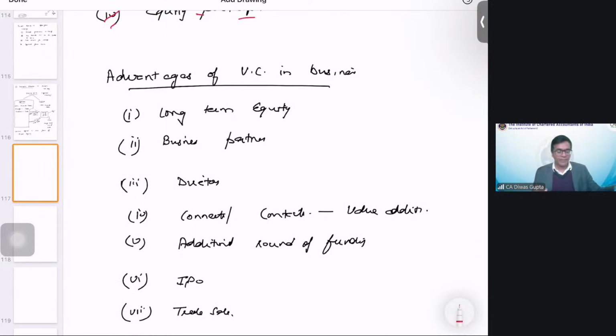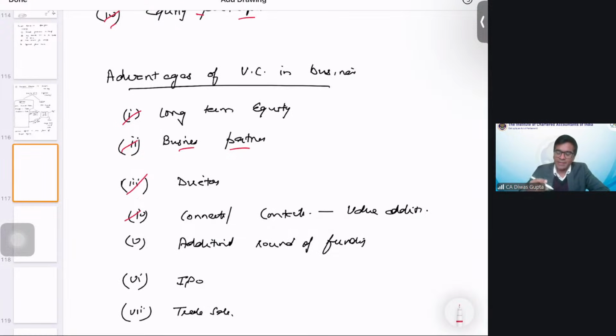Now, there are certain advantages of venture capital in a business. Definitely, it will help us in getting long-term liquidity. We also get business partners who are very well versed with how to grow a business, with the nitty-gritties of their specific lines. The director is also placed.